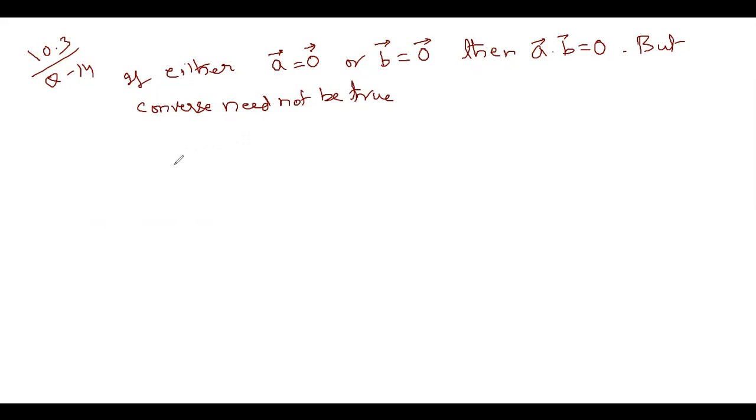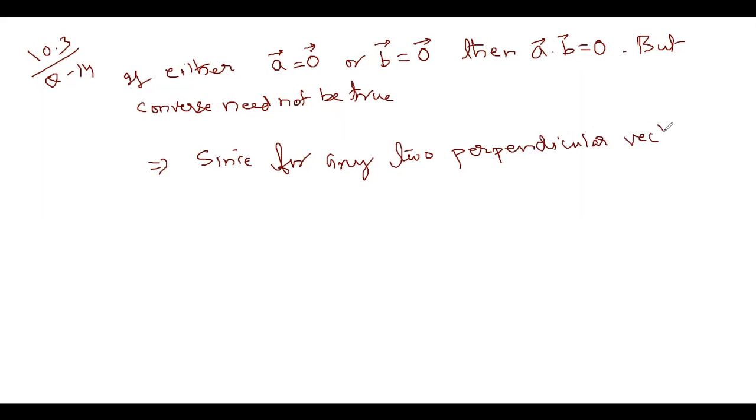We can write the reason: for any two perpendicular vectors we have A dot B equal to 0, so they need not be 0.